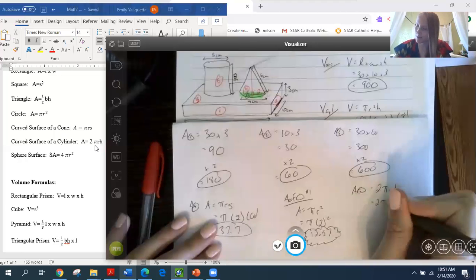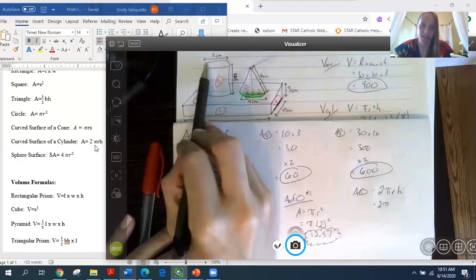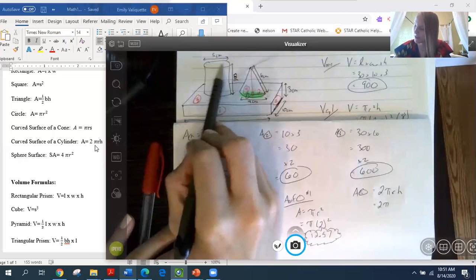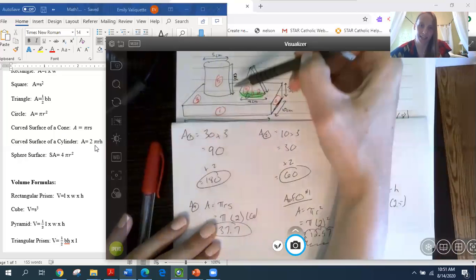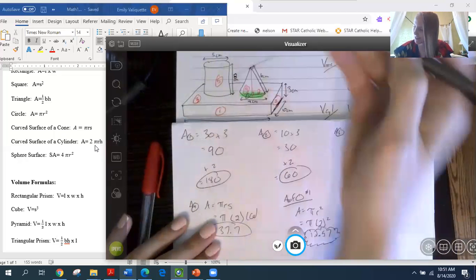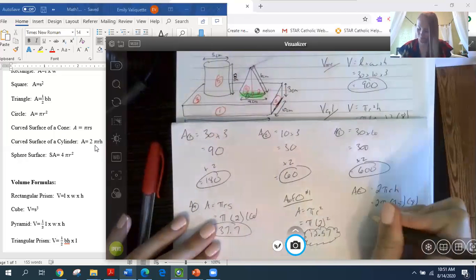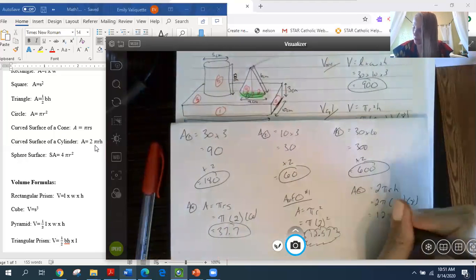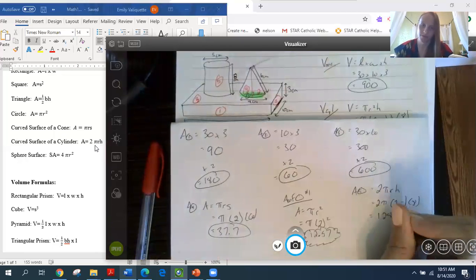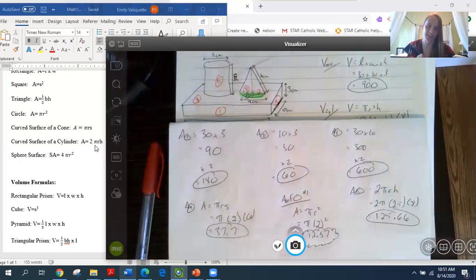So 2 times pi times the radius, which is half of 5, so 2.5, times the height, which is 8. I'll multiply that all together and I get 125.66. Circle it so I know I need to add it later.